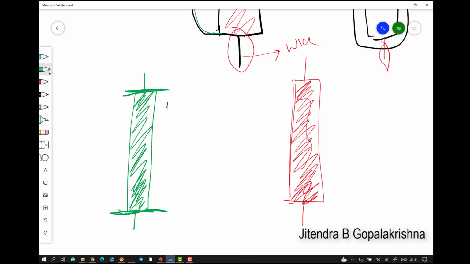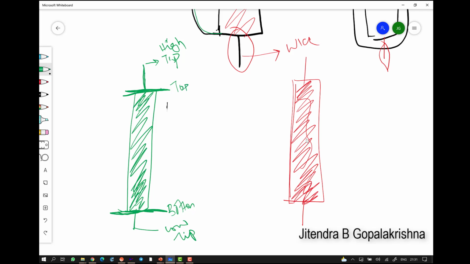Now there is a wick. The wick has the high tip, and this is the low tip of the wick. This is the bottom of the body. This is the top of the body.